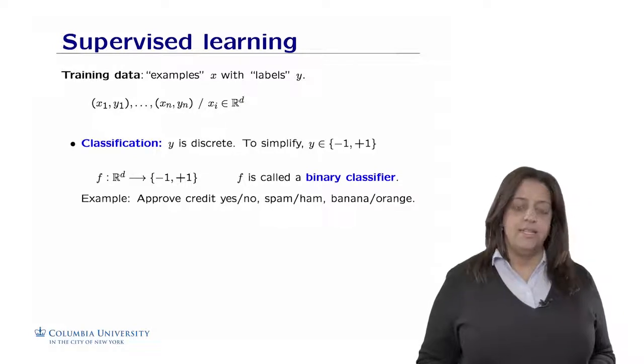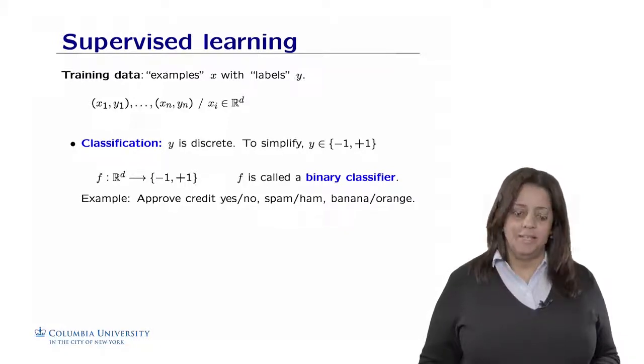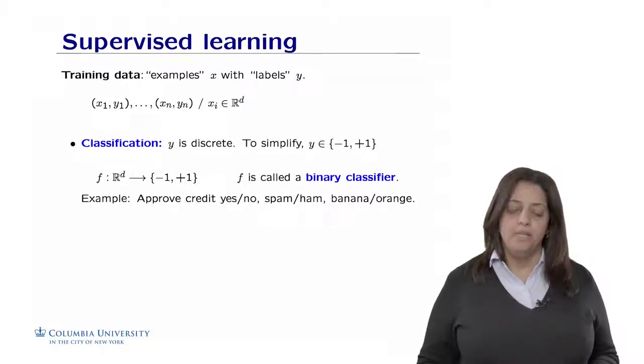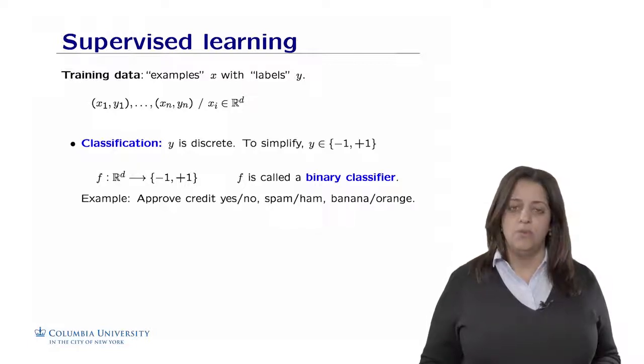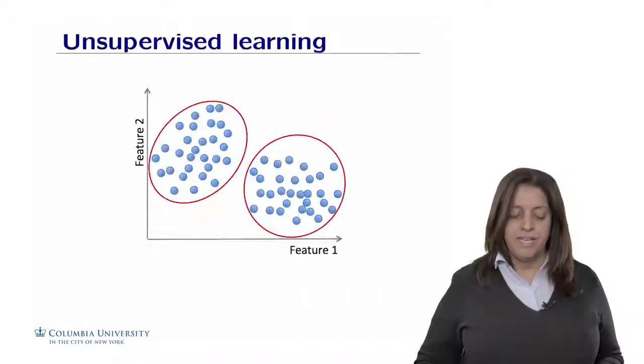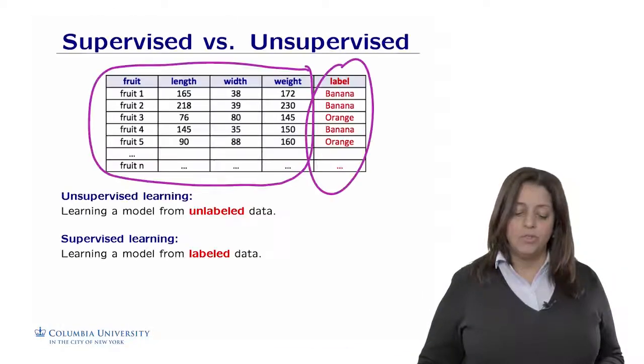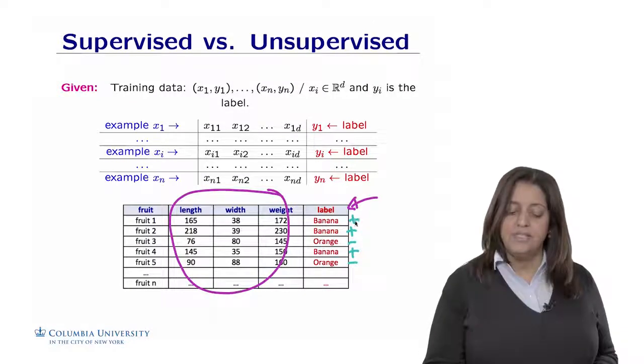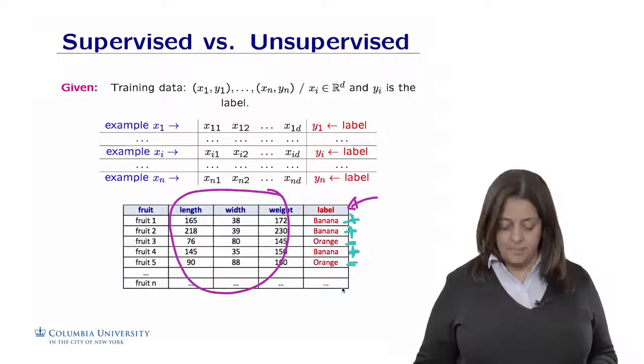In a supervised setting, we can use examples with their feature vectors along with their labels. The label y is discrete, and we simplify to y equal to -1 or +1, which means that we have access to positive or negative examples. In our previous example of fruits, we could call all the bananas positive examples, and all the oranges negative examples.